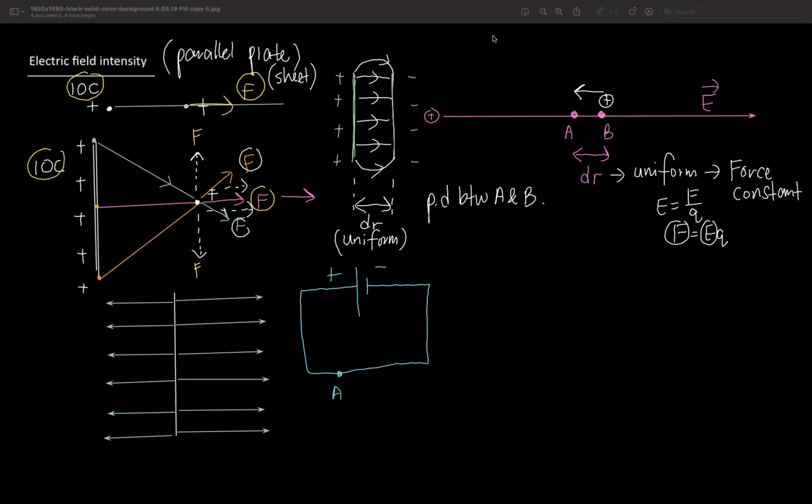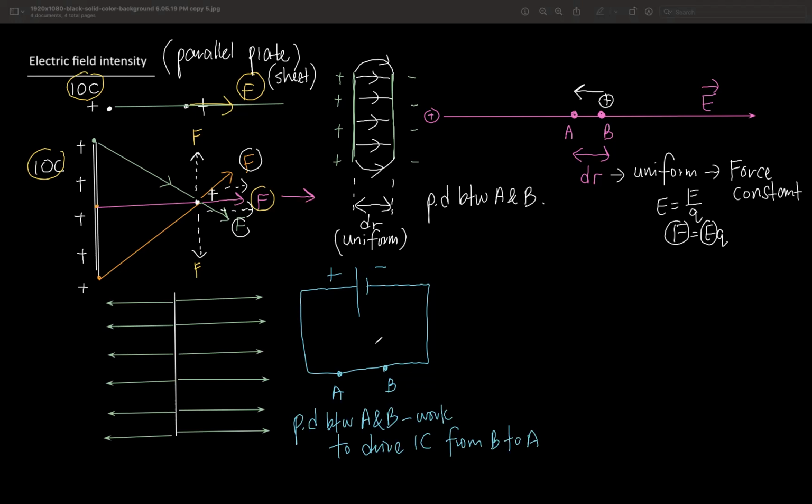Potential difference between AB is defined as the work done to drive 1 coulomb of charge from B to A. It's the opposite direction. That is the definition of the potential difference.